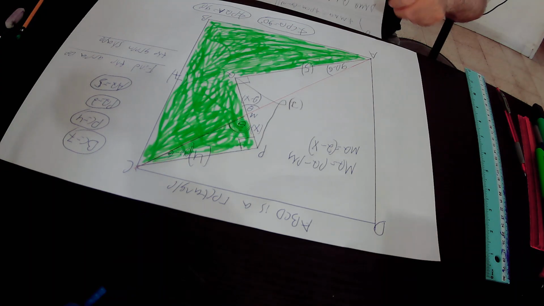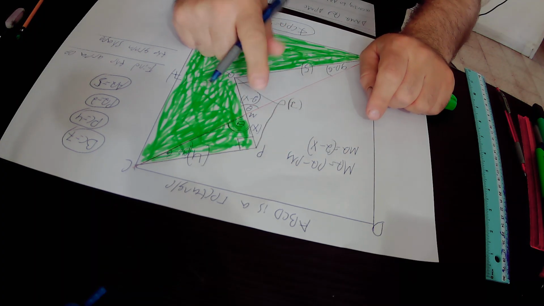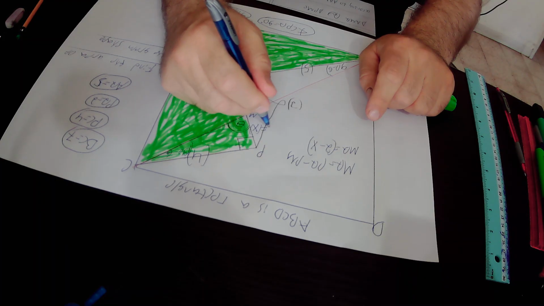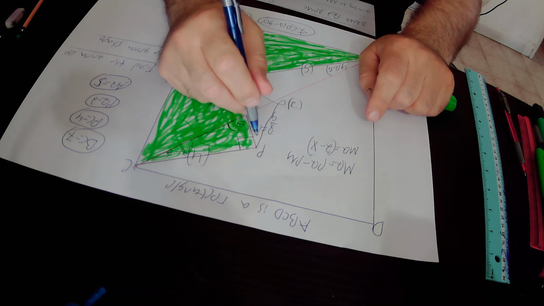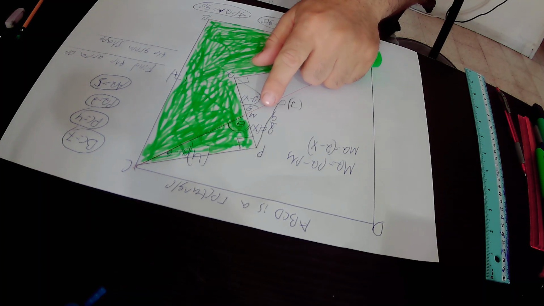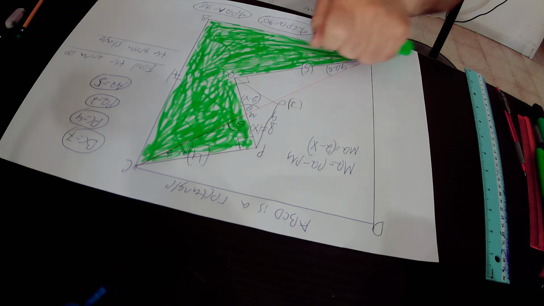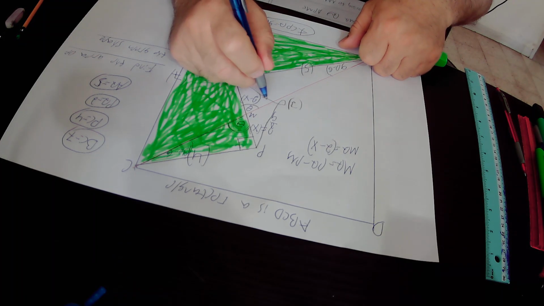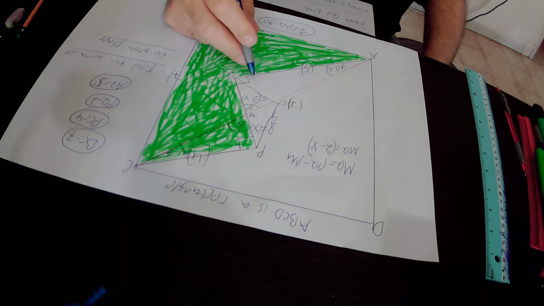So PM, that is equal to x according to our definition, is equal to 8 ninths. So what is the length of MQ? MQ equals 2 minus x. 2 is 18 ninths, and therefore 2 minus x is 18 ninths minus x.